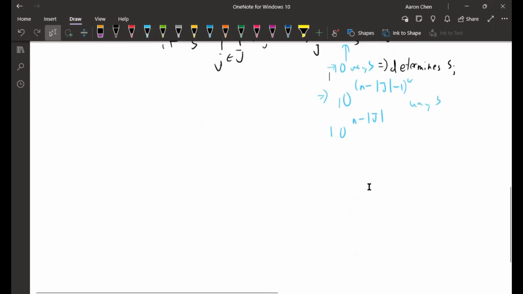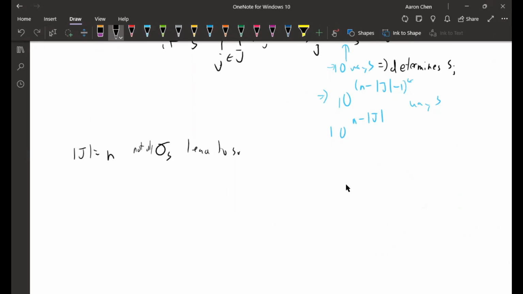And so there's one special case, and that is if |J| is equal to n. The reason is that not all values of sigma of s lead to solutions.